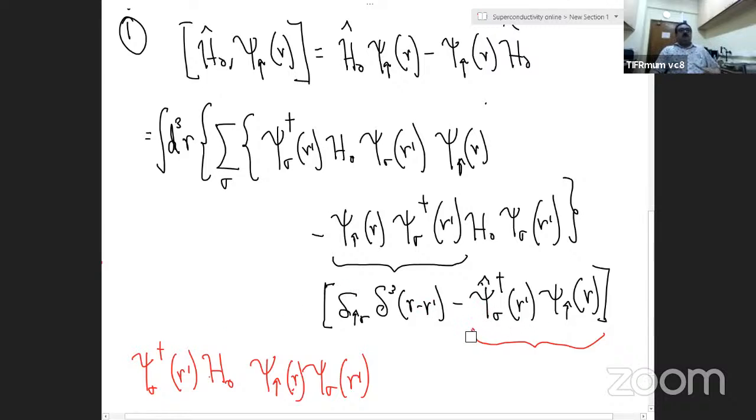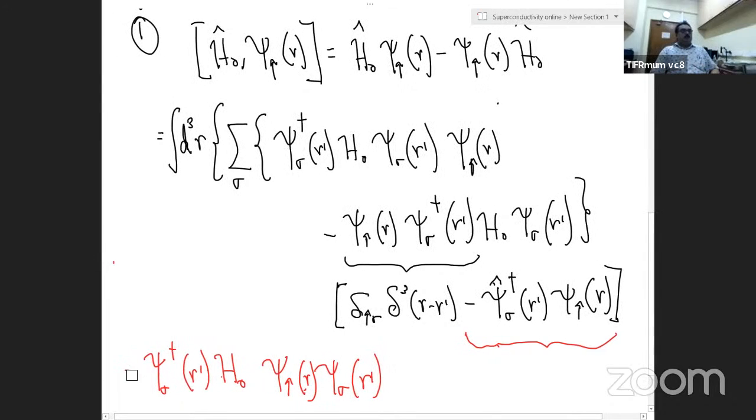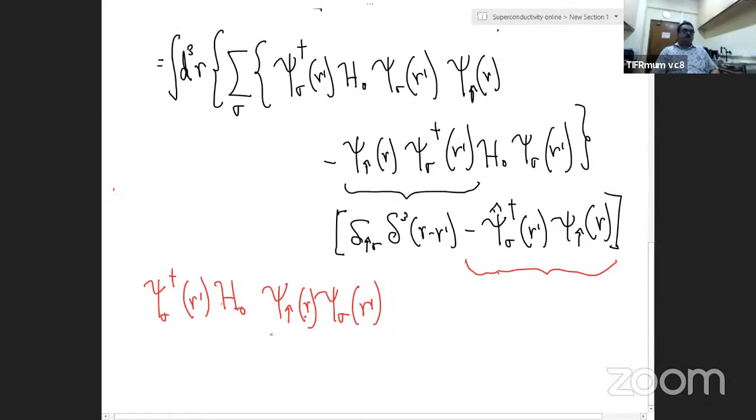So there was a minus here. If I consider this minus sign with this minus sign, it will give me a plus sign actually, because there is a minus here and a minus here. Now I can use the commutation relation and interchange these two. Since these are fermionic operators, if I interchange these two, there will be a minus sign that will come.